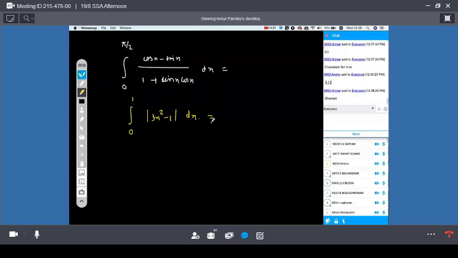5 by 2, beta, 5 by 2 is not there in the options. 5 by 6 is there in the options. I don't know whether 2 is also not there in the options. 0 is there in the options.